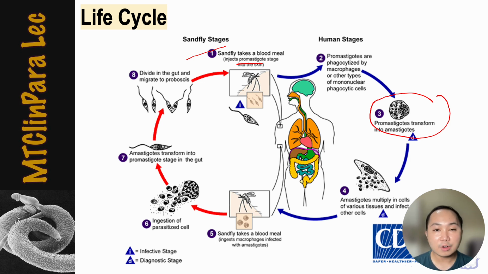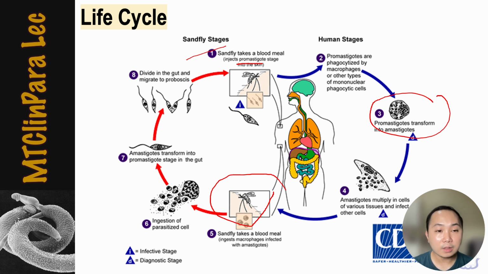Inside the macrophage, your promastigote will transform into an amastigote, and after some time, your amastigotes will multiply and eventually burst out of the cell to invade other cells and the bloodstream in general. During another blood meal, a susceptible vector will ingest these cells harboring the amastigote stage.